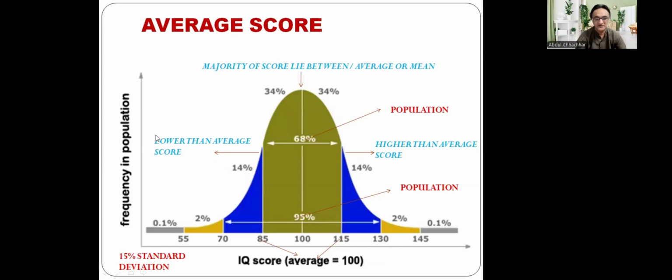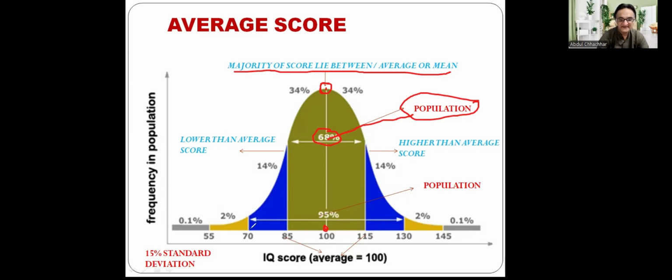Now let's talk about this chart. What this bell curve shows at this point is the average or mean. The majority of scores lie around the average or mean. I have already discussed this. Another point, as you can see here, 95% of the population is between 70 to 130.